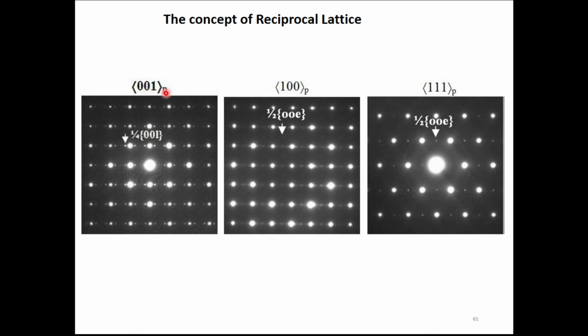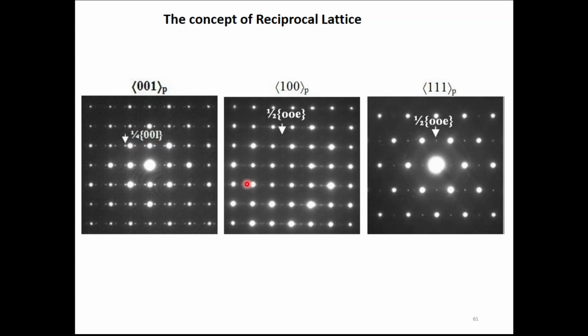Okay, this P is for pseudo-cubic. You don't need to focus on this much because this is not a matter of concern for you at this level. So this is the 1, 0, 0 direction and a general direction again, and this is the 1, 1, 1 direction.